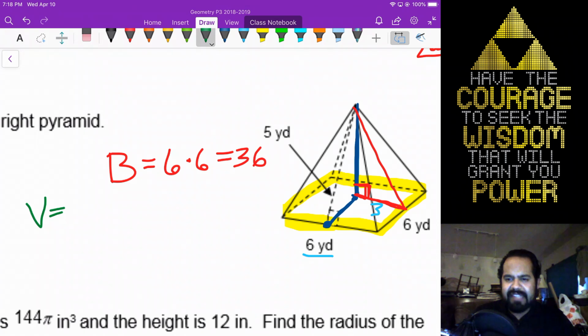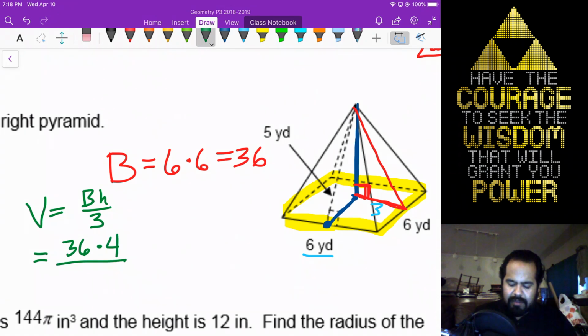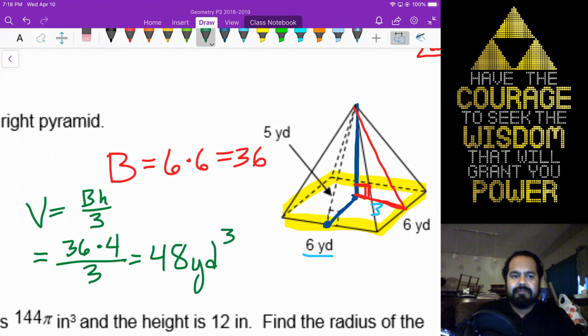I'm going to do the second formula: base area times the height all over 3. So we're going to have 36 times 4 all over 3. I can do 36 divided by 3 first, which gets me 12. 12 times 4 is 48 cubic yards.